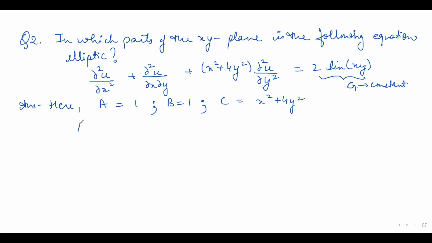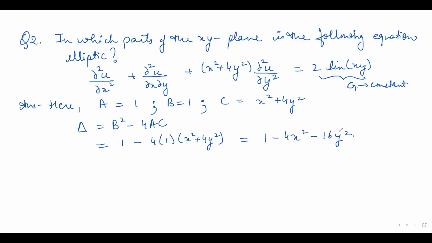So our discriminant value, that is b square minus 4ac, is this. I'm getting this as 1 minus 4x square minus 16y square. Now, in this question, they are asking in which parts of the xy plane is the following equation elliptic.